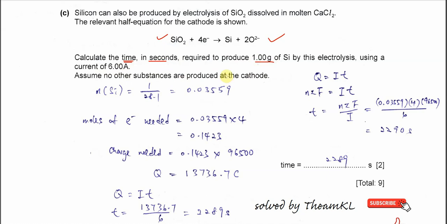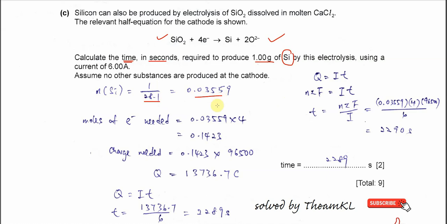So the first thing you need to do is to calculate the moles of silicon: 1 gram over the molar mass of silicon, 28.1. So you get this mole, the moles of silicon that need to be obtained.